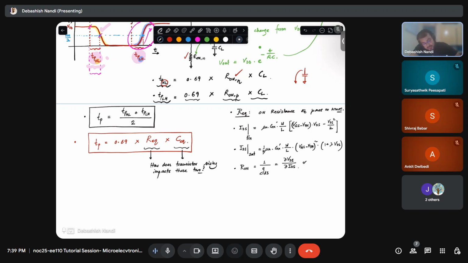Can you see from the above formula, just confirm that. Let us make the mu generic, so this will be applicable for PMOS and NMOS both. So is this okay? Yes. This is the proportional sign. Okay. Others?